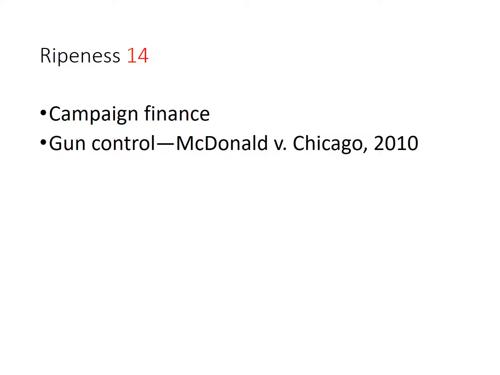So you had a situation here where a resident of Chicago sued that his constitutional rights were denied based on the city laws that would allow only rifles and shotguns within the city limits. Handguns were to be banned.